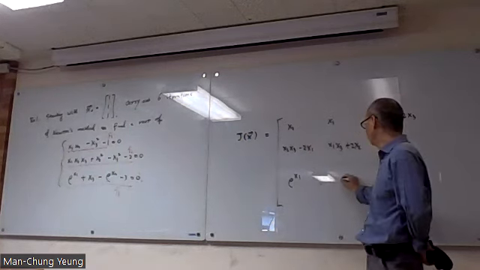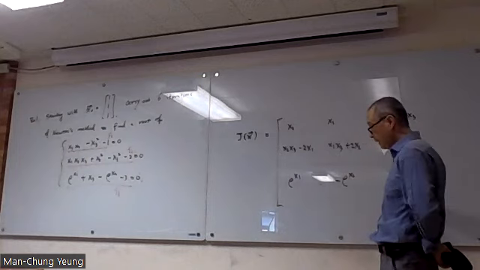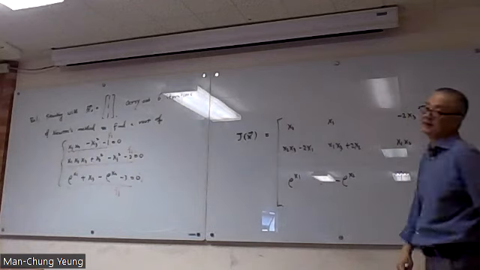With respect to x2, negative e^x2. And with respect to x3, 1. This is the Jacobian.